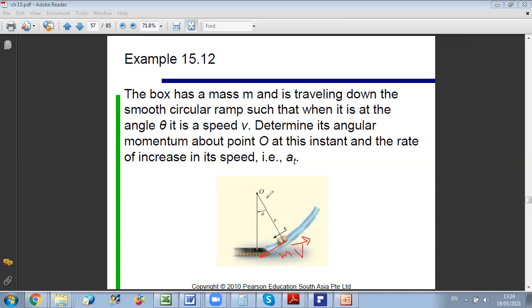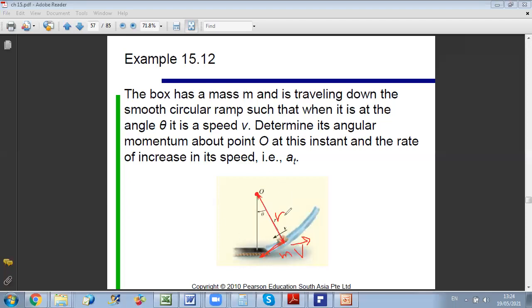So if I want to find the angular momentum about O, I should find the moment of mv about O. So I should find the distance between O and mv. Since mv is perpendicular to the radius, the distance to O is equal to r.